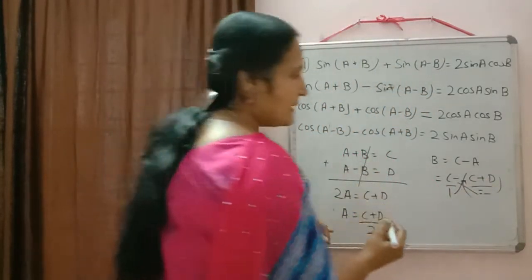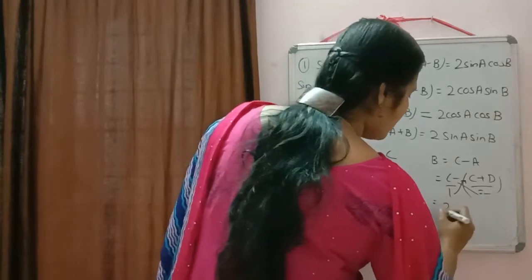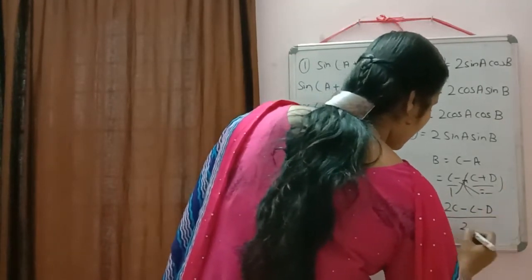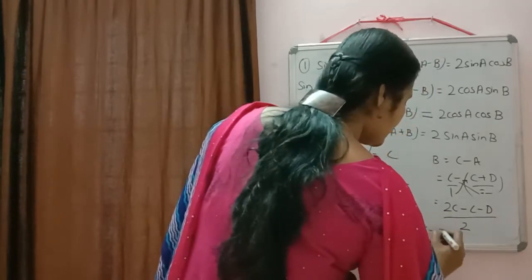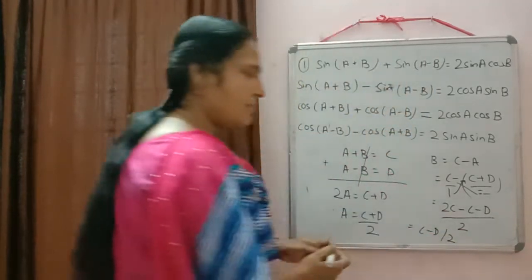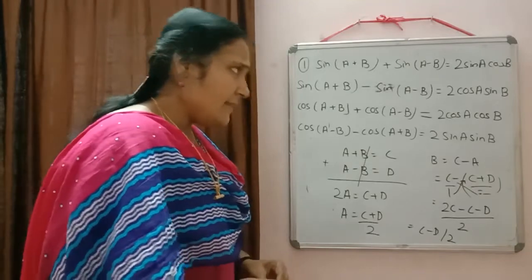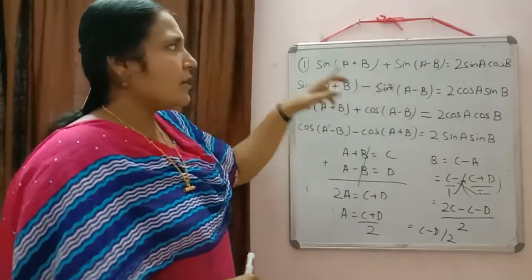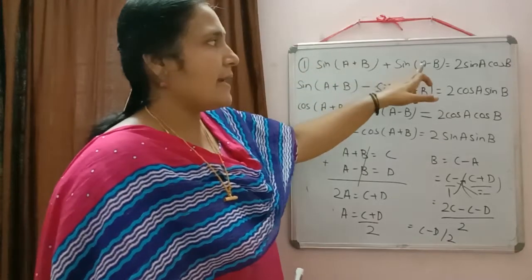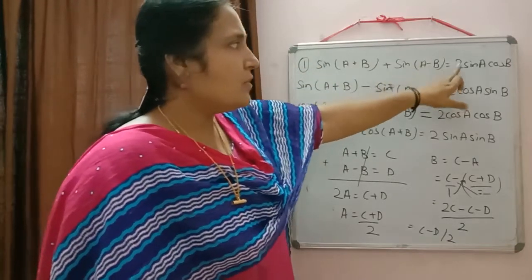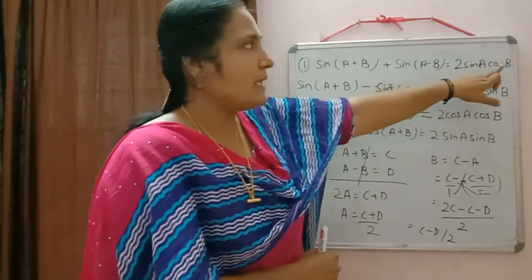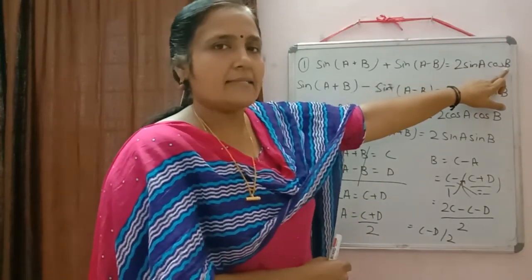Then cross multiplication: it will be equal to (2C − C − D)/2. 2C minus C is C, so B is (C−D)/2. Then in the given formula, we substituted the values. Then we got sin C plus sin D is equal to 2 sin, in place of A, (C+D)/2, and in place of B, (C−D)/2.